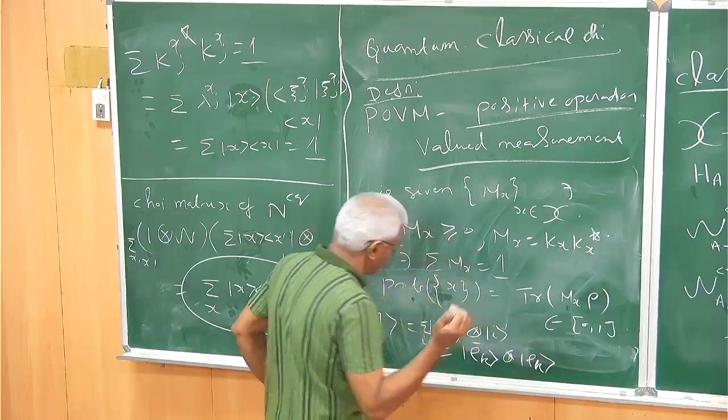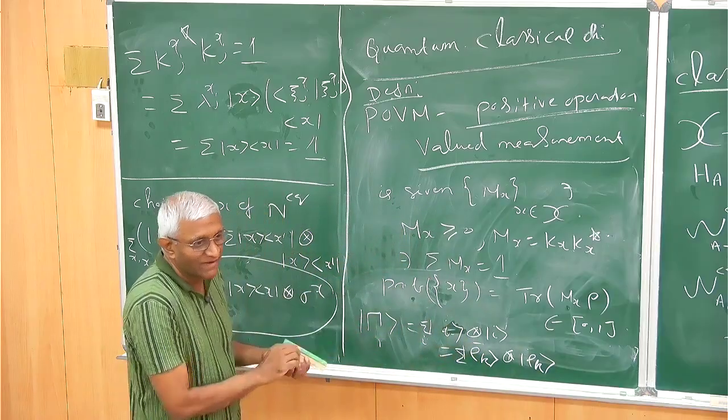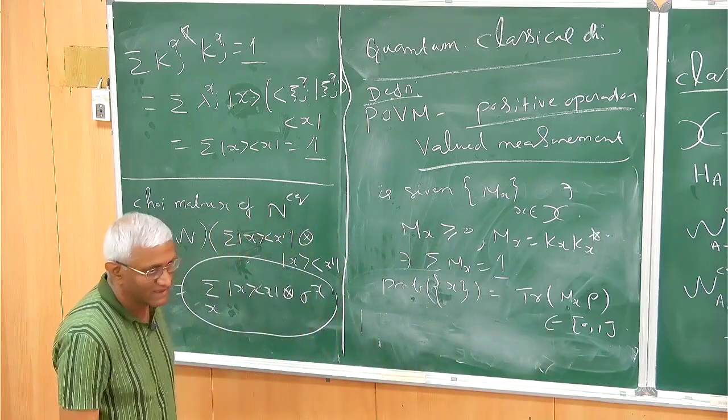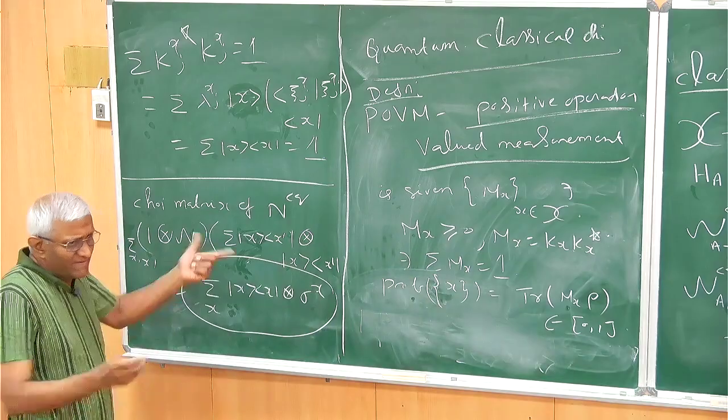If someone is watching the video, you can understand by keeping the sound on one screen and video on the other screen. This board, I have erased it, so one cannot see. But anyway, we have done it before.